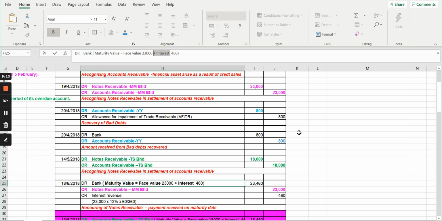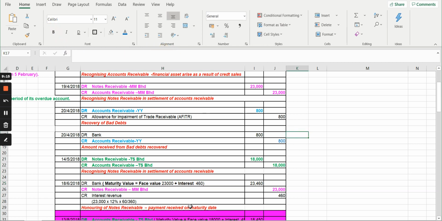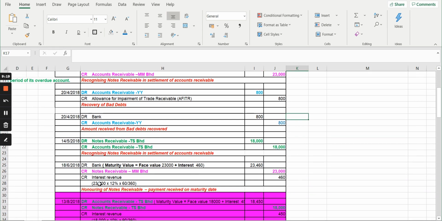The first thing to do, if you want to do the schedule, it will be fine, but you can also straight away do it like this. First is to calculate the interest revenue, because when they pay, they are going to pay us together with the interest. So it's not just the face value, but it will be added with the interest.